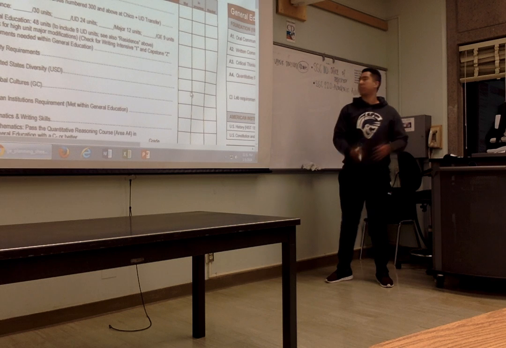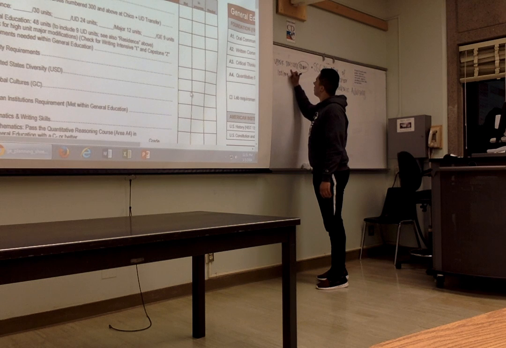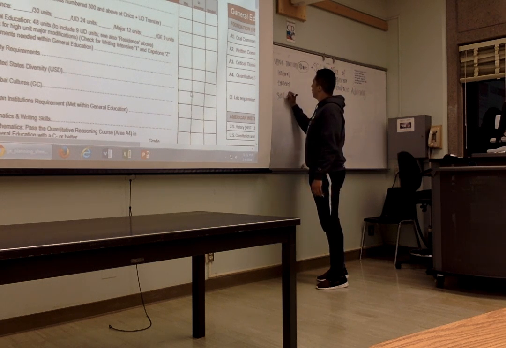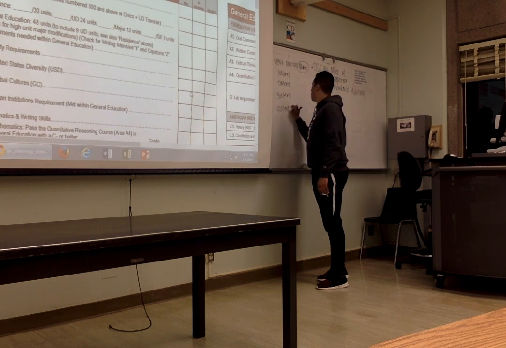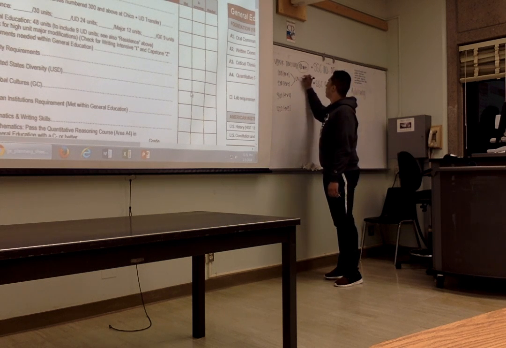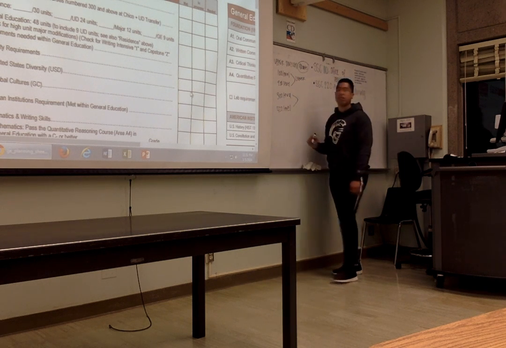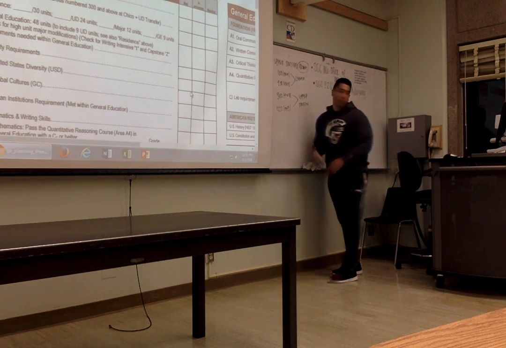How we classify upper division: there are 100 level courses, 200 level courses, 300 level, and then 400. 100 to 200 is considered lower division. 300 to 400 level courses are considered upper division.